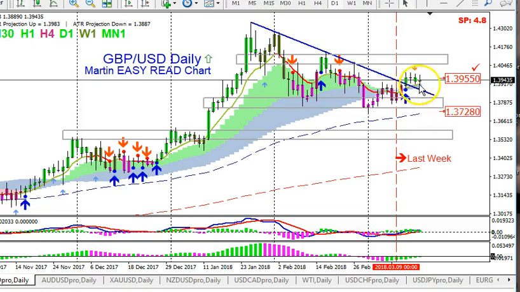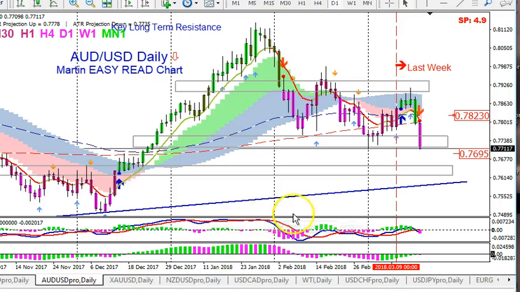But anyways, if you're a new trader, or if you haven't gotten into a trade yet, I'm looking for a buy somewhere above 139.55 to the upside. If you think price is going to collapse and go down much further, then you could look at sells below 137.28.